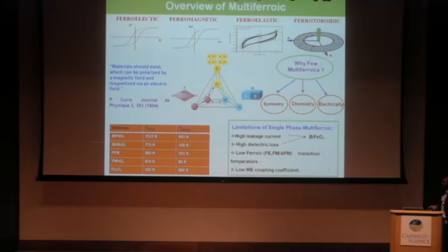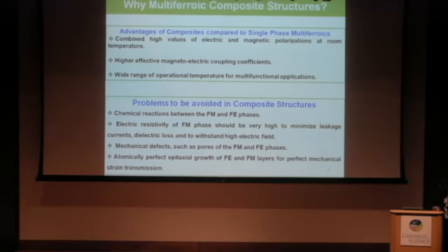So due to this large difference between the ferroelectric transition temperature and the ferromagnetic transition temperature, the magnetoelectric coupling is very small. In order to achieve strong magnetoelectric coupling above room temperature, composite structures are needed. So why multiferroic composite structures?